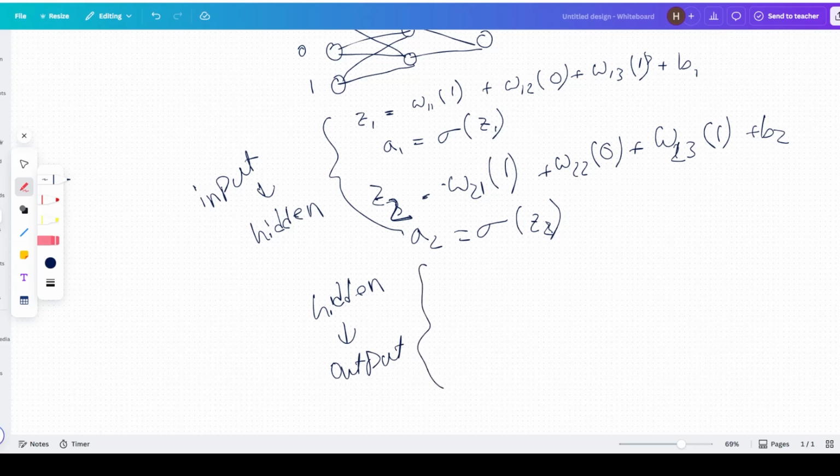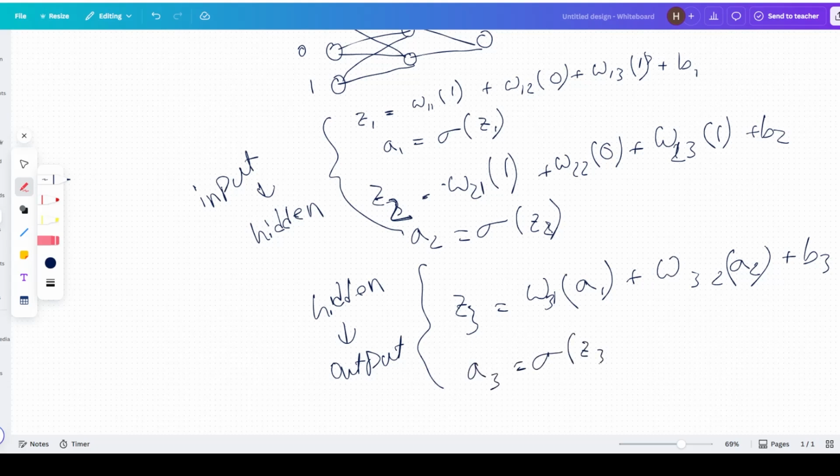For this we have another one, z3, equal to w31 times our activation 1, plus w32 times our activation 2, and in addition our bias 3, and the final activation here, the sigmoid of z3.